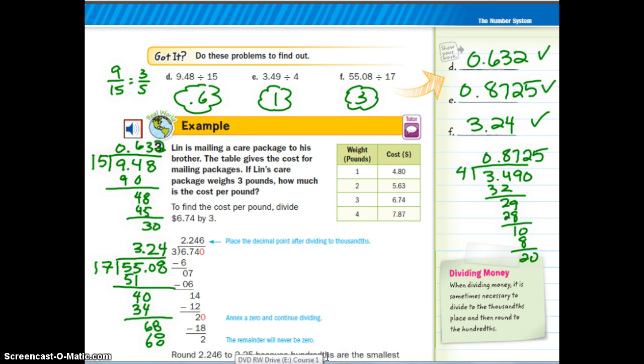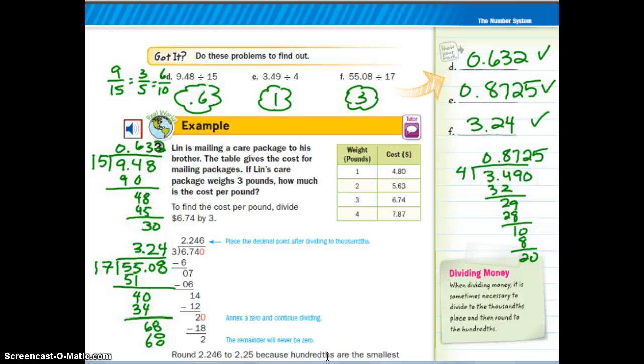Okay, so for number D, I looked at it and said, oh, I can do that as a fraction. 9 over 15, which is 3/5, which is 6 tenths. So then I knew I was at 0.6 for my first one. E, I just said 4 divided by 4 is 1. And number F, I looked at the 17 and knew I could get about 3 out of it, so I put 3 in my circle. Then the hard part, you actually have to do the division.